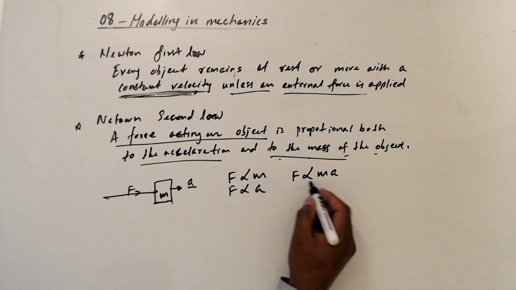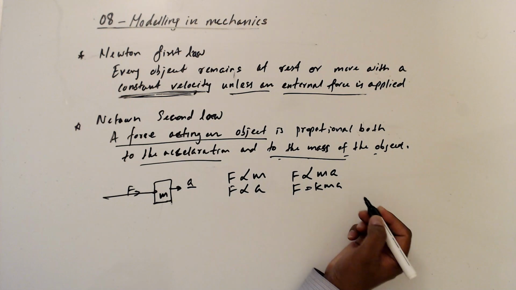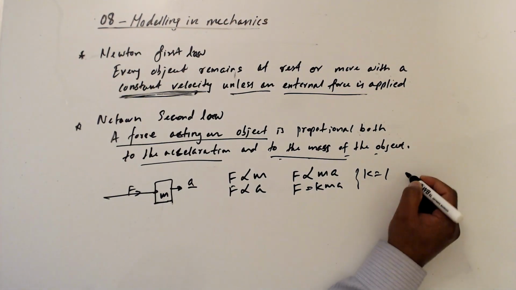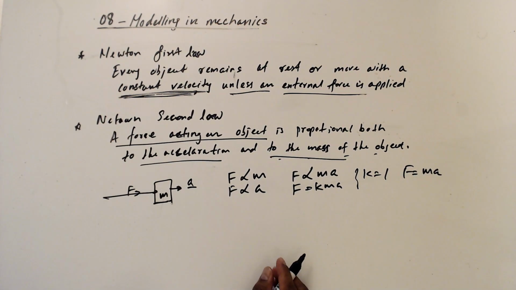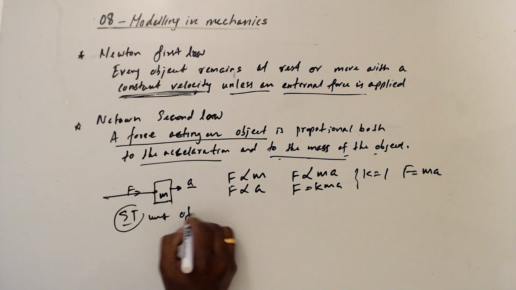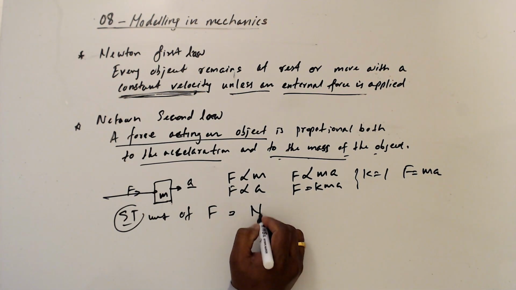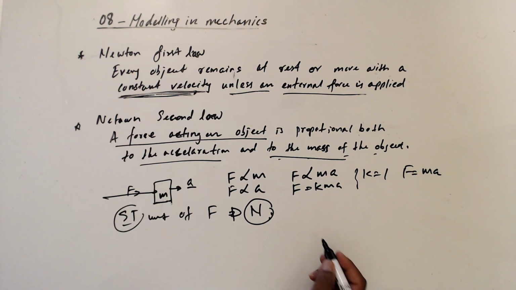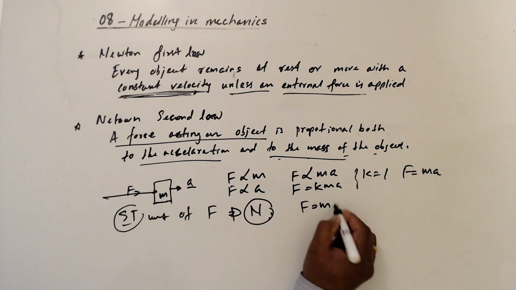Now we can take this proportionality out by putting a constant as usual, and we found that k equals 1, then the formula is going to be F equals ma. The SI unit of force is the Newton, so we use the letter N. So we define it like this. This is the equation F equals ma.